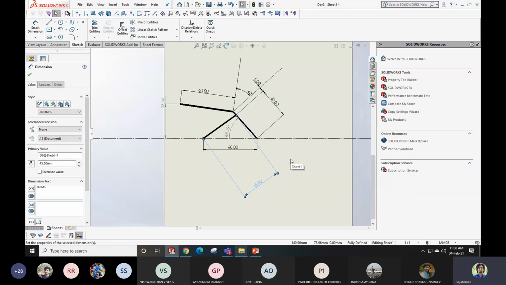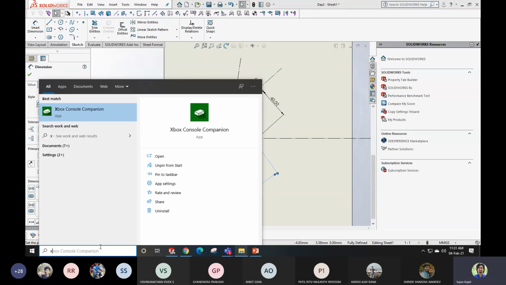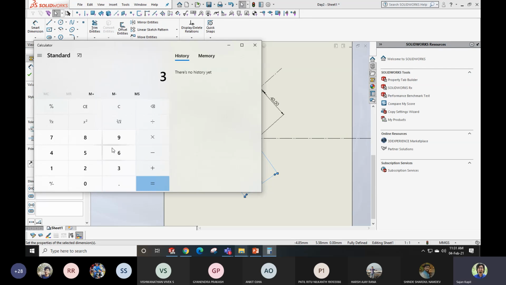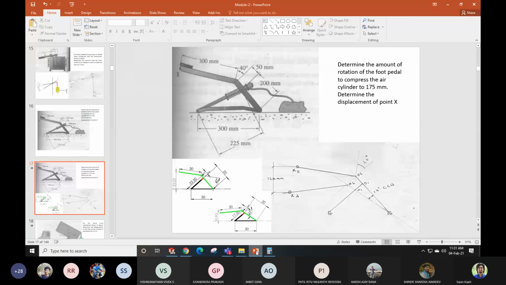How much is it? 38.36 minus 11.22, 27.14, and this is not as per our scale, so I'll just multiply it by 5. Answer is 135.7. That is the exact answer.